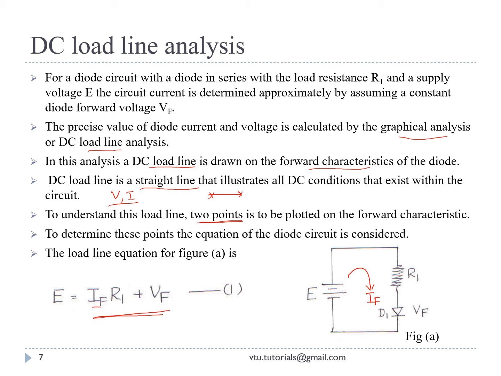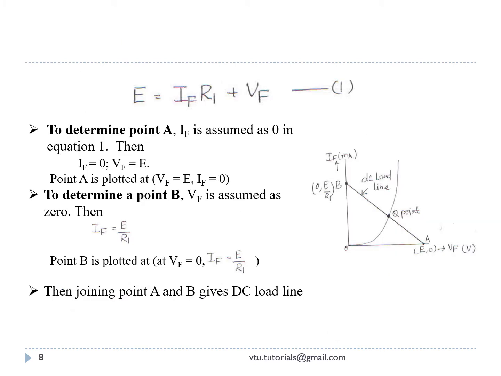For this circuit, E is the applied voltage, R1 is the series resistance and D1 is the diode. With this, we will determine 2 points A and B on the forward characteristics curve to draw a DC load line.